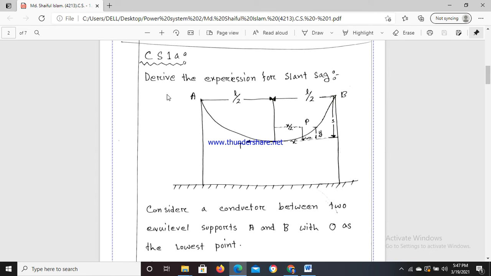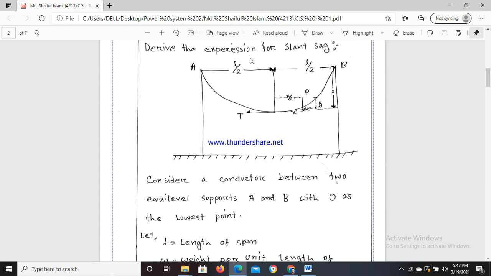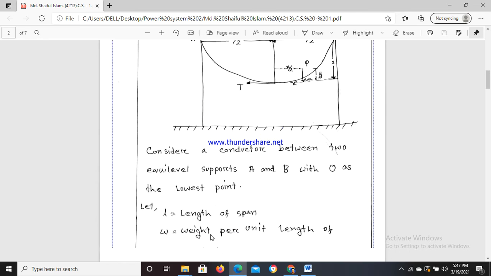Question number 1a. Write the expression for sag. Consider a conductor between two equal-level supports A and B with O as the lowest point.